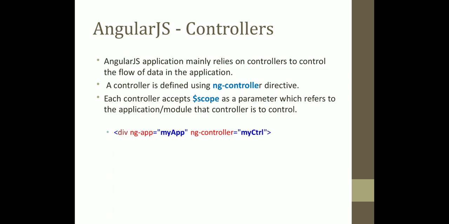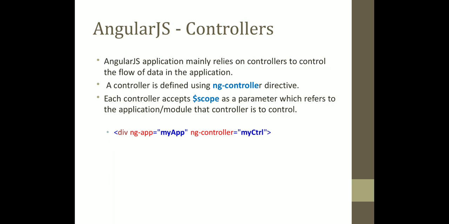In a similar way, AngularJS controllers control the flow of data from the model part to the view part. The data is taken from the view part as input by the controller, then it processes the data and sends it back to the view part, that is the HTML part, that is displayed to the user.